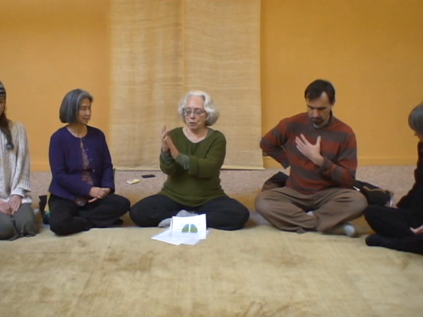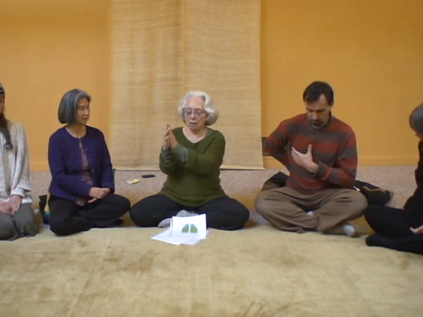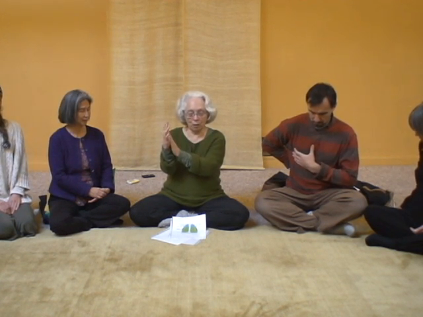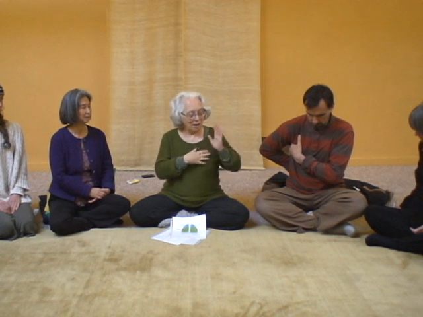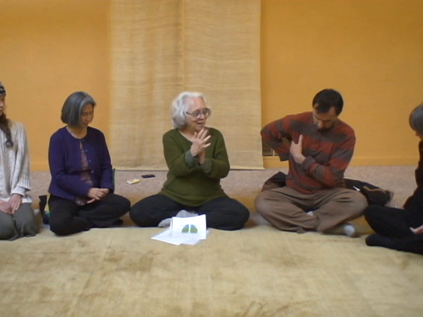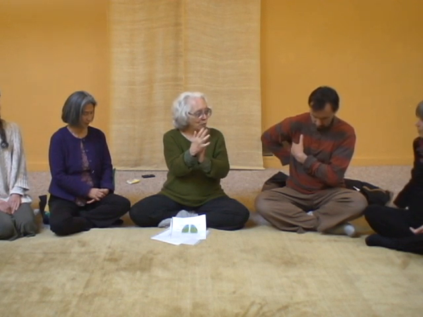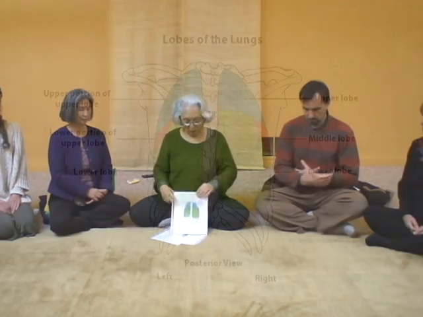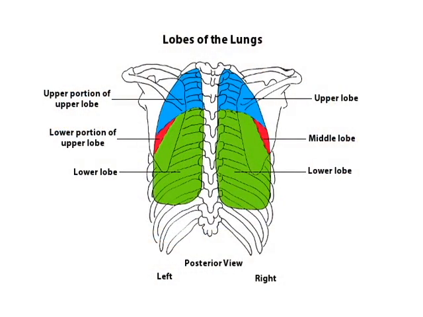On both sides, between the middle section, let's say the middle lobe on the right, and the lower part of the upper lobe on the left, there's movement. So between the middle and the back, there's movement. The back being, the lower lobe is the posterior lobe, and the upper lobe is the anterior lobe.